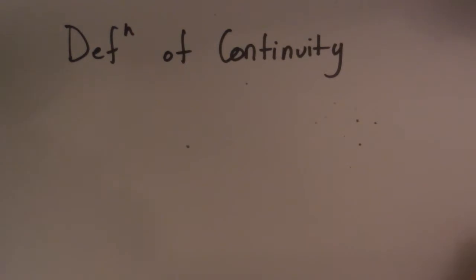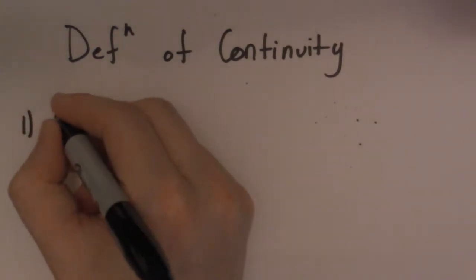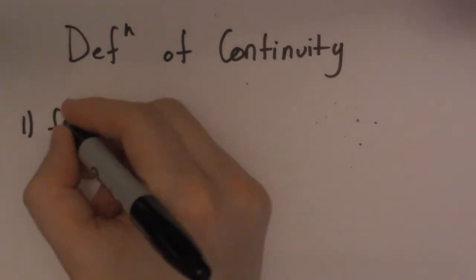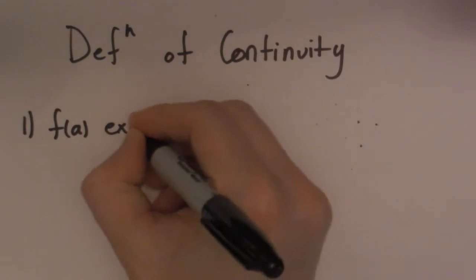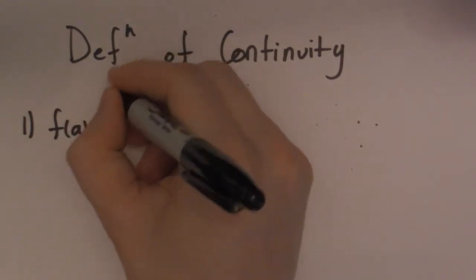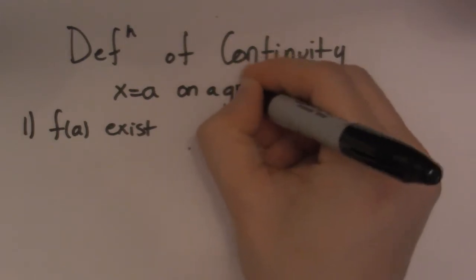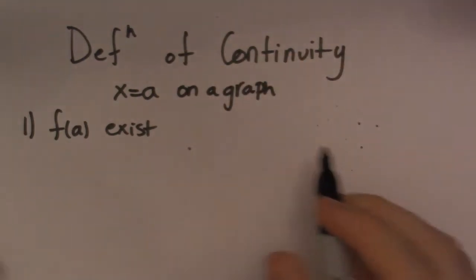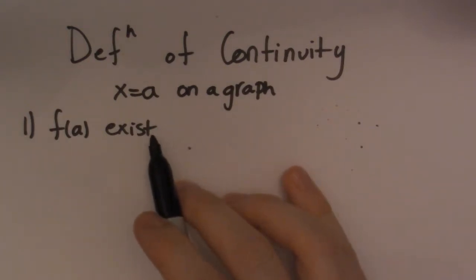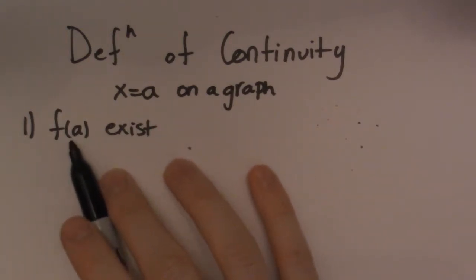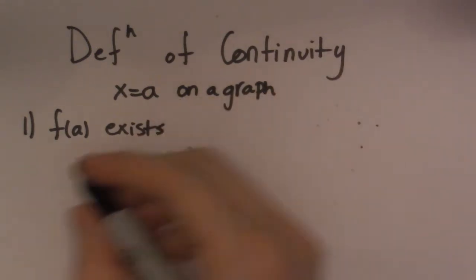So, the definition of continuity has three parts. The first part is that f of a exists. If we have a point, x equals a, on a graph of a function, these three things have to be true. The first thing is if I put a into the function, it gives me back a number, so f of a exists.